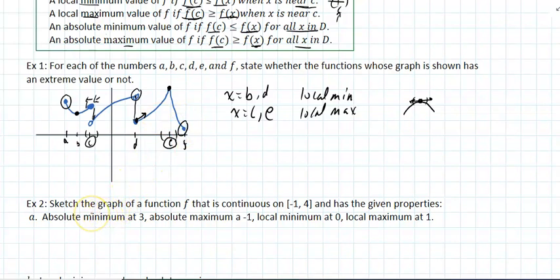But when I look at those, I say, okay, look at the graph and tell me what's the highest y value. Isn't that the highest y value? So x equal e is not only a local maximum, x equal e is a local maximum and an absolute maximum as well.